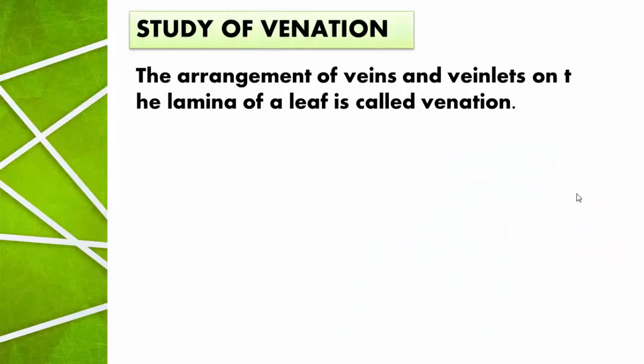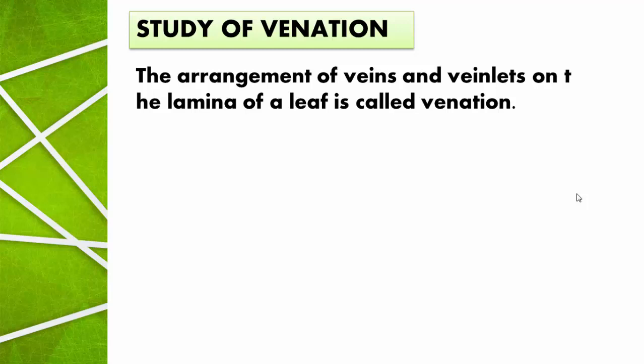So moving to the definition of venation. The definition states that the arrangement of veins and veinlets on the lamina of a leaf is called venation. Then the question is, what is that leaf lamina?